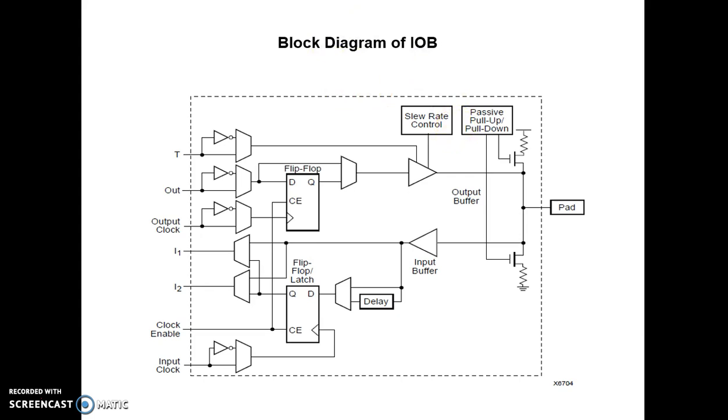Out, T, output clock, input clock, these are the inputs of the IOB, whereas I1, I2, clock enable, these are the outputs of the input-output block of the FPGA. Other blocks that you can see are flip-flops, multiplexers, slew rate control, input buffer, output buffer, and passive pull-up network.